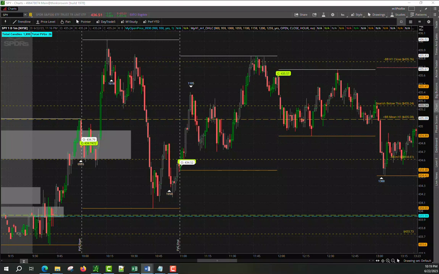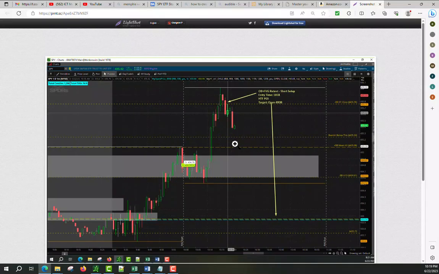Okay, look at the screenshot we have, right? Oh yeah, we annotated the fair value gap retest. So the entry should not be 18, it should be the next up-close candle, which is 19. So that's the idea right there, right?